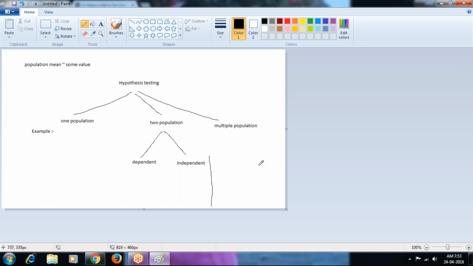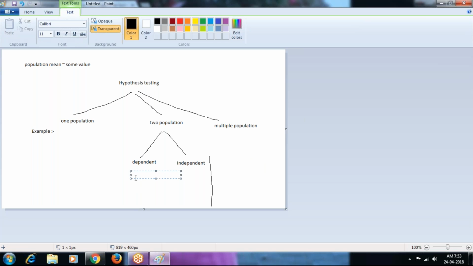You have to validate the assumptions. Let's say I take population 1 and population 2, P1 and P2. Now you have to validate whether P1 and P2 are dependent on each other.